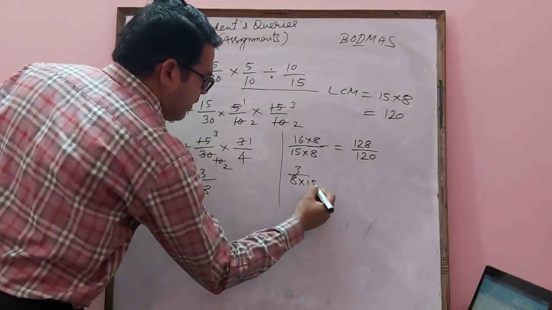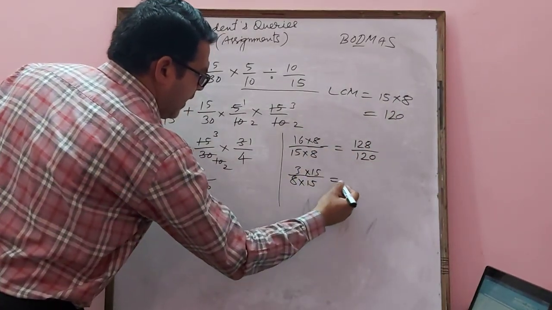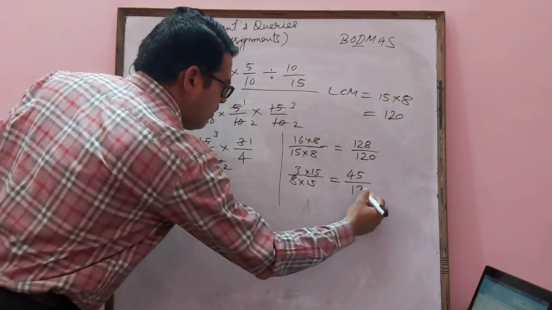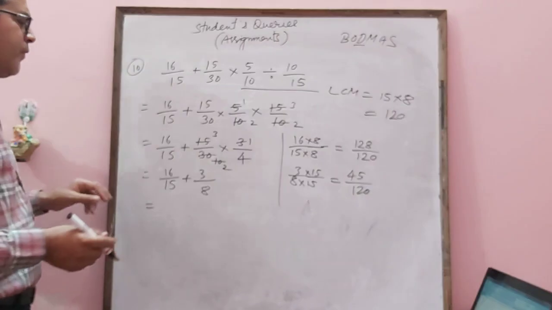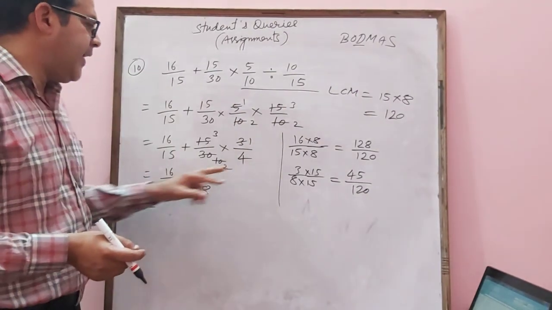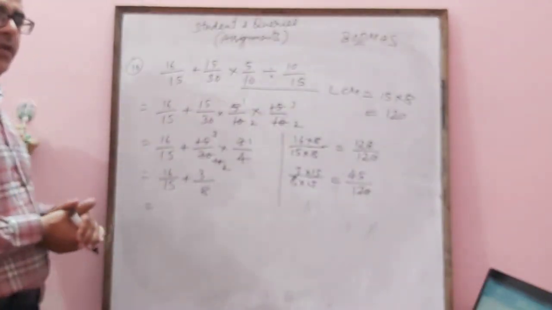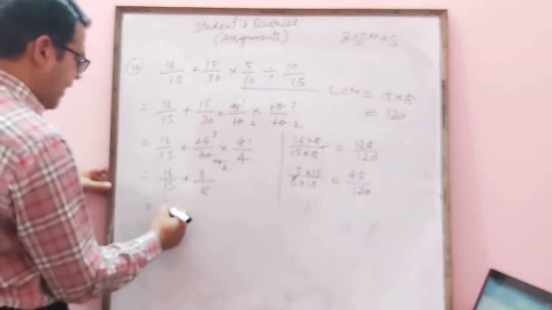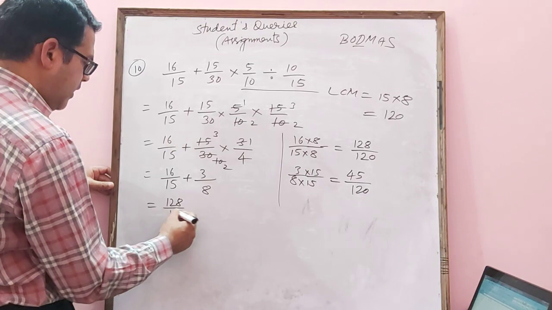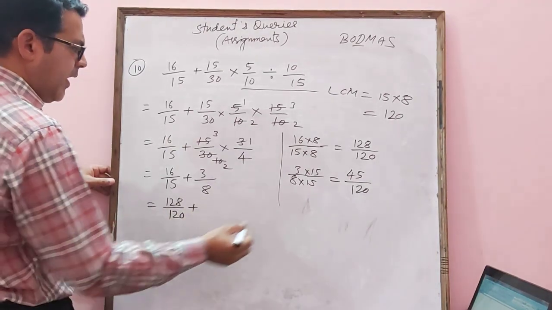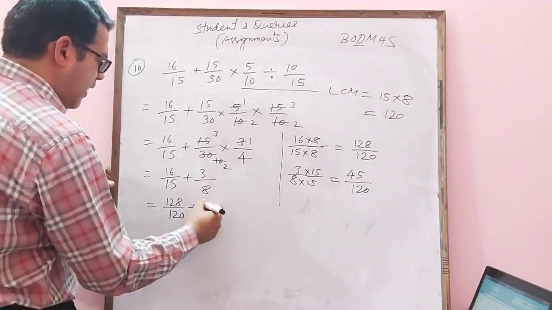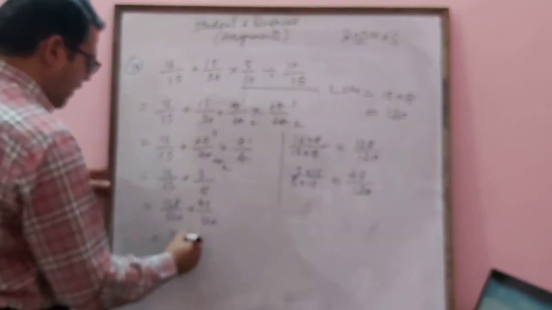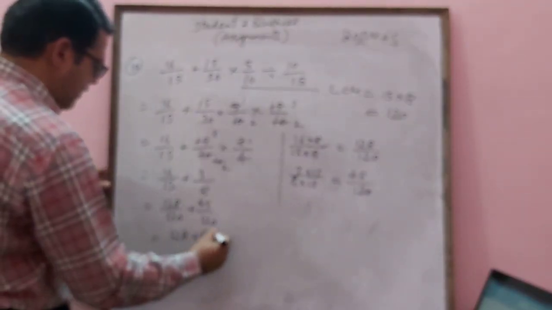So if you multiply 15 by 8, we have 120. Upper side we have 45, down 120. So the equivalent fraction for 3 by 8 is 45 by 120. So instead of 16 by 15, we can write 128 by 120, and 3 by 8 we can write 45 by 120.